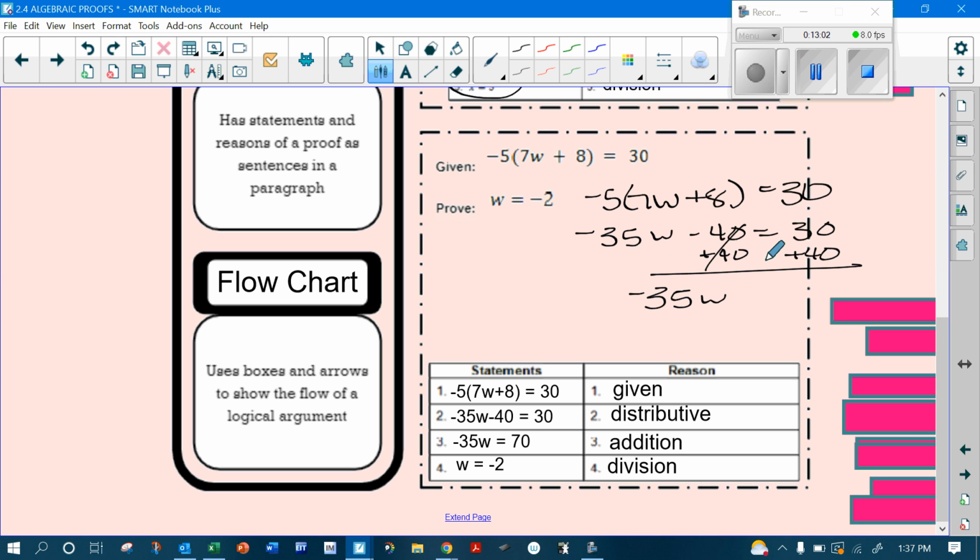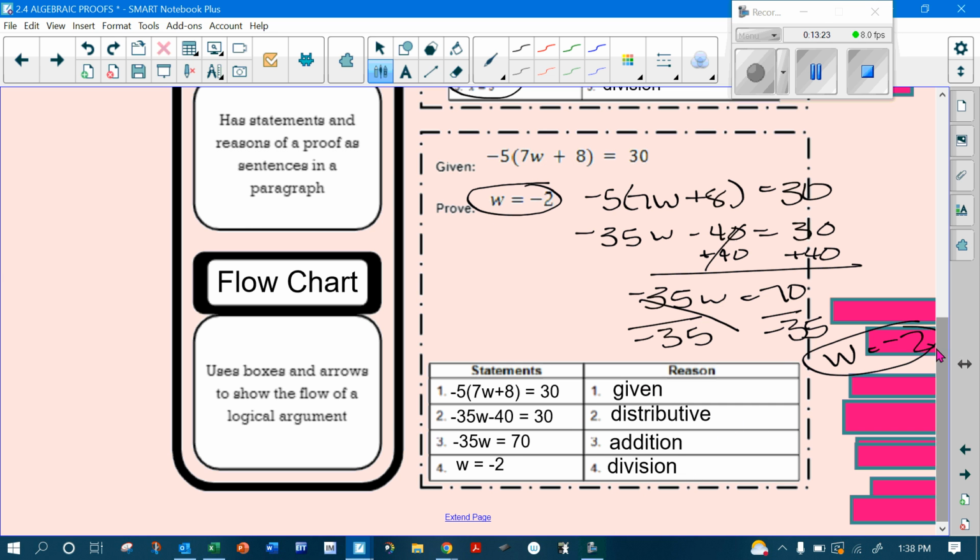Let's see if I can move this thing because it's kind of weird today. Over 70. And then I'm going to divide by that -35. Cancels. So now I've got that w is equal to -2. And that is what we were trying to prove. So there it is. Okay.